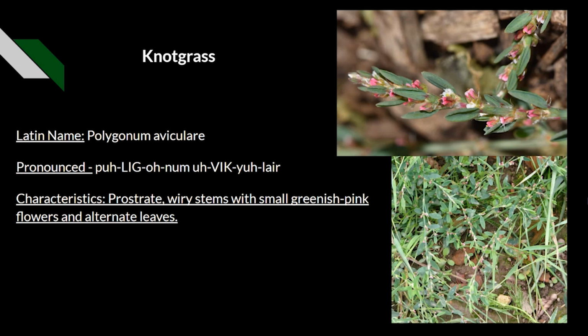Knotgrass, another quite common weed in the UK, is known by its Latin name as Polygonum aviculare. Its main characteristics are those wiry stems with small greenish-pink flowers and the alternate leaves on each side.